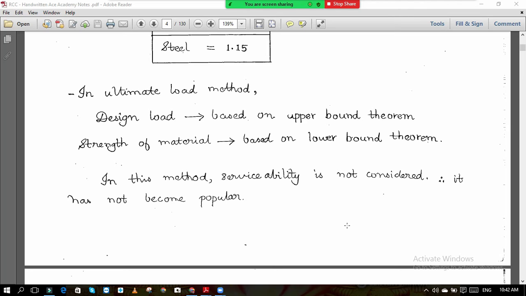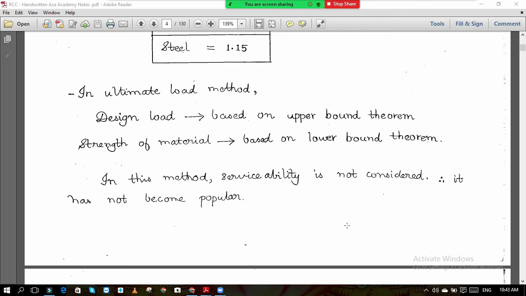So in the ultimate load design method, serviceability is not considered. That is why this method has not become popular. In the working stress method and in the ultimate load method, serviceability is not considered. Once you analyze the load and design the member, after the application of the load on that member some criteria should be there.